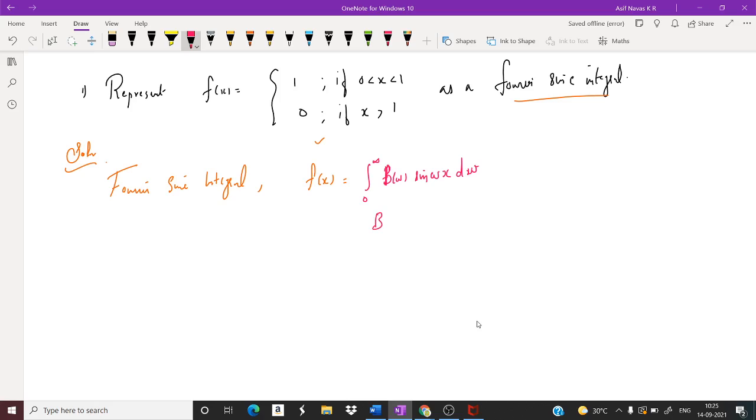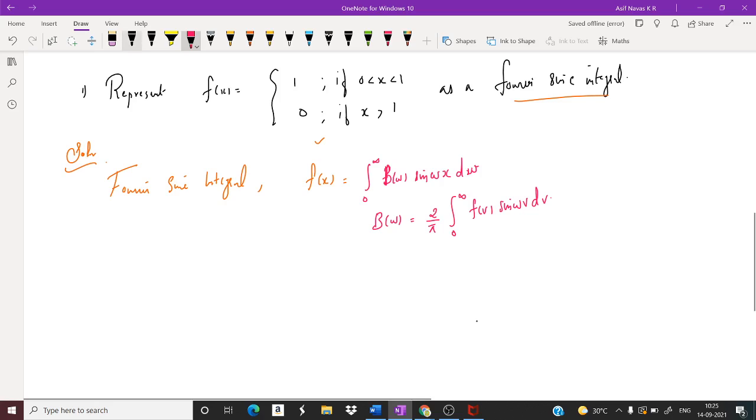And b of omega is 2 by pi integral 0 to infinity f of v sin omega v dv. So this is by formula.